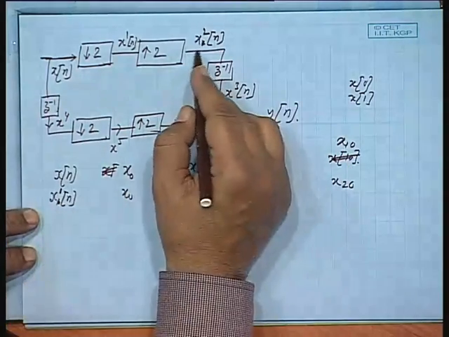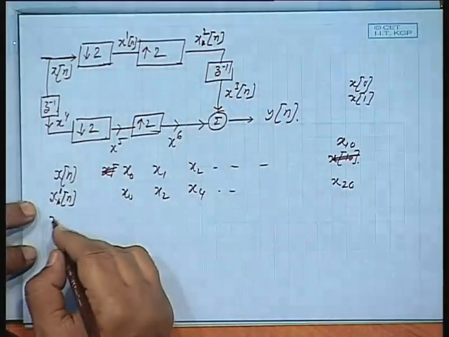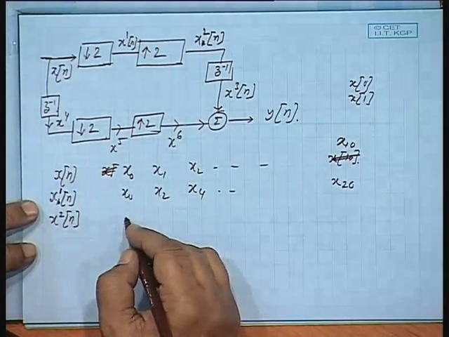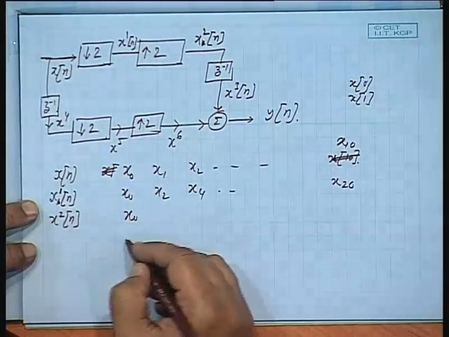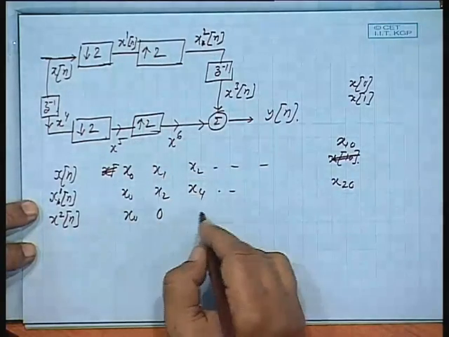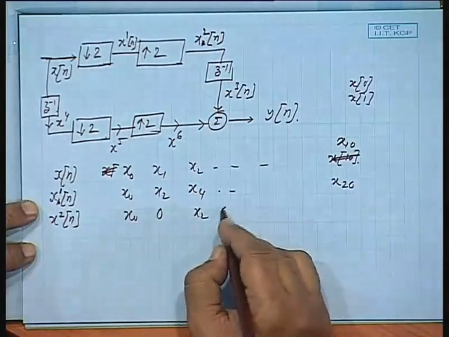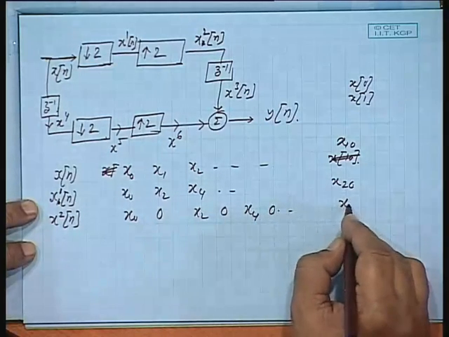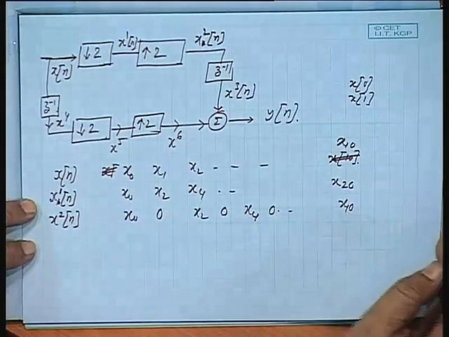What will be x2n? This sequence will be like x0, now I am upsampling it, 0, x2, 0, x4, 0 and finally x10. Okay.